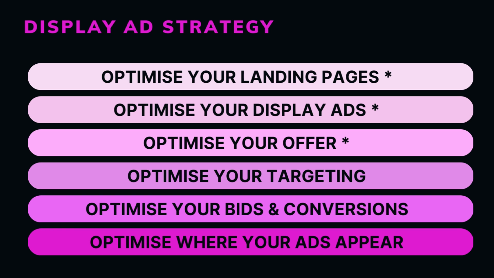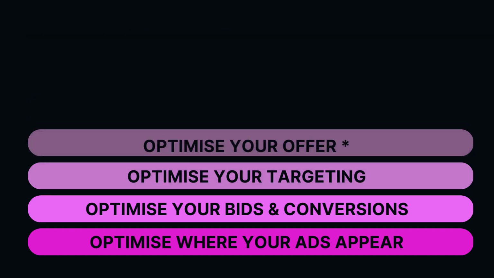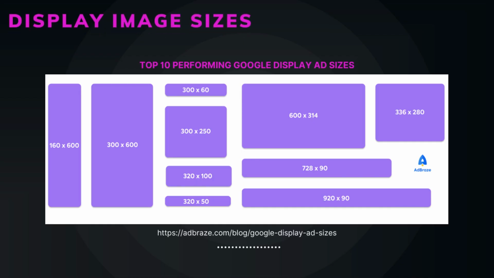Then in terms of optimizing your display ads, that would involve including various sizes of images. There's a list here of the various image sizes. These are the top 10 performing ones. There's a long list of various sizes, but these are the top performing ones. Then you can also change your images.